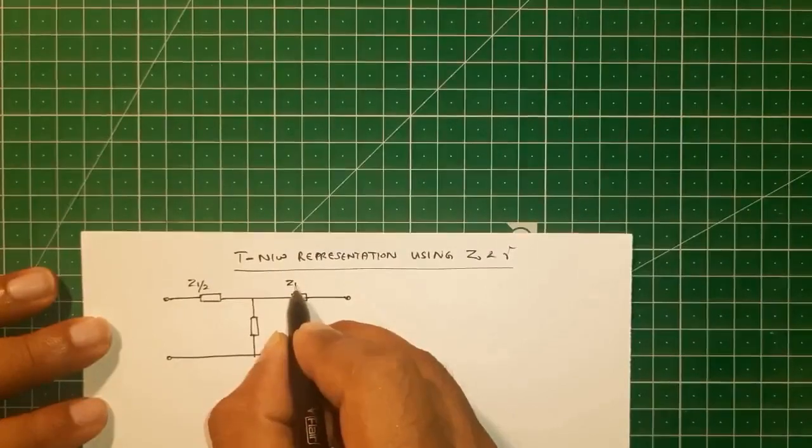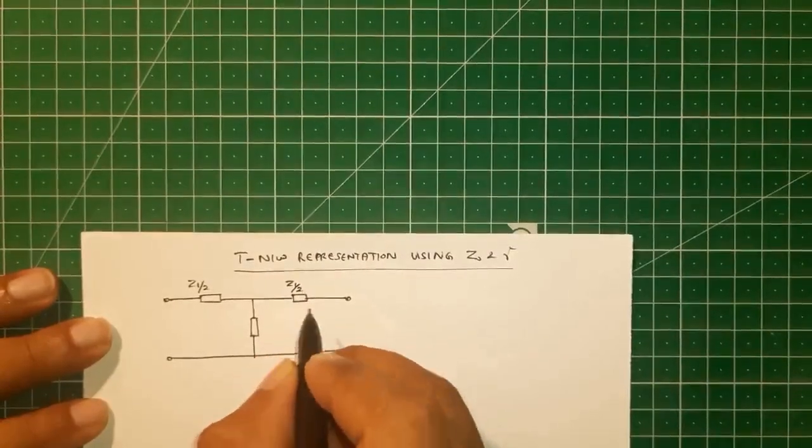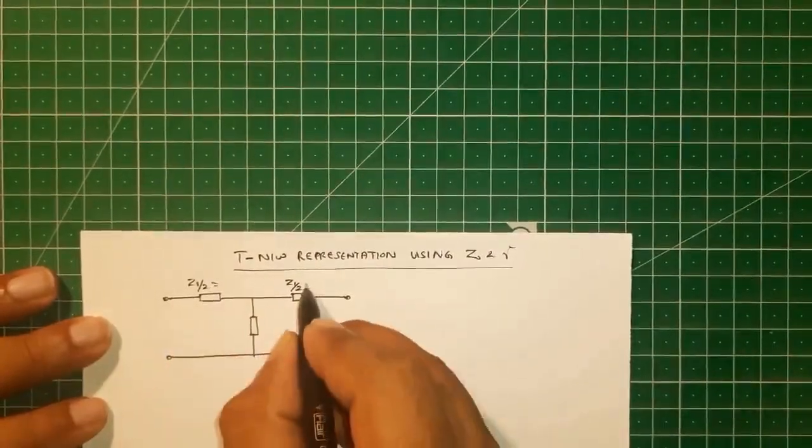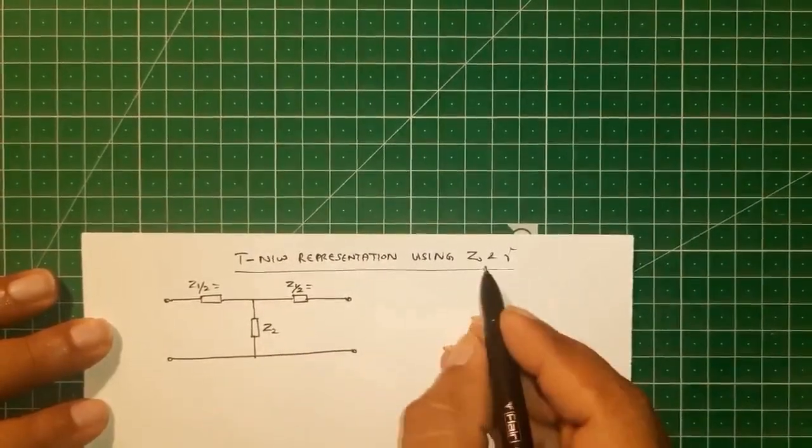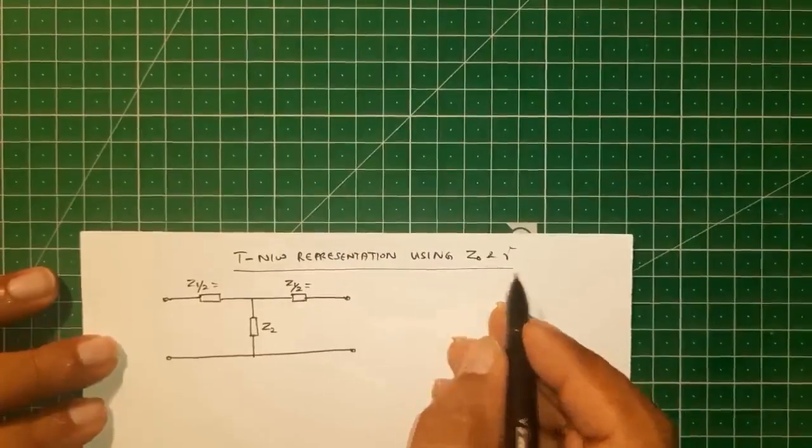So each of these branch impedances will be equal to Z1 by 2. Now we will represent this Z1 and Z2 in terms of its characteristic impedance Z0 and gamma.